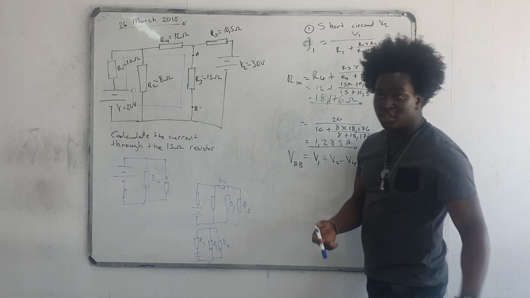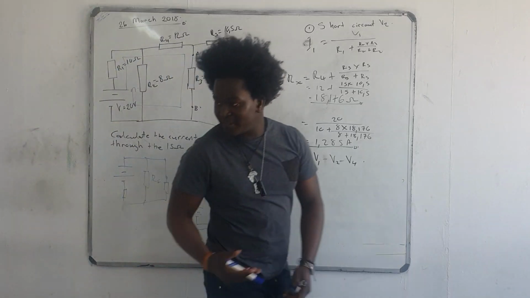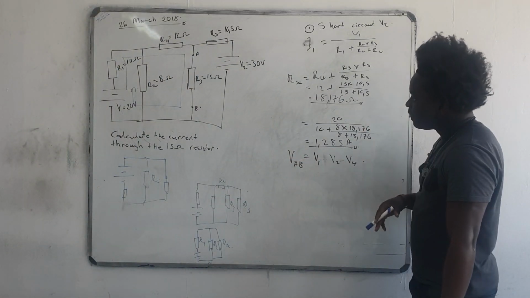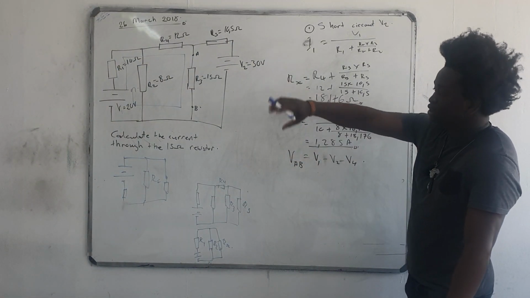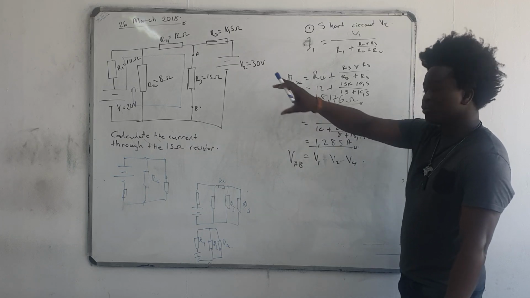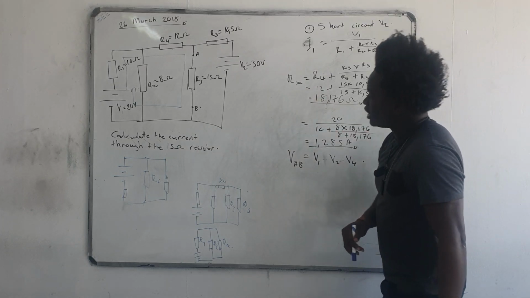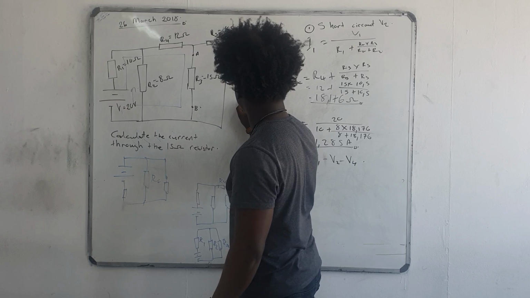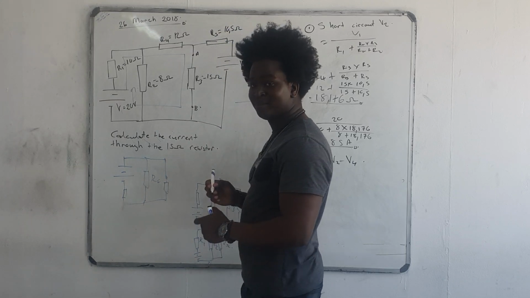Let me give an example of what the voltage divider rule says. In this case, we're going to use current instead of voltage.